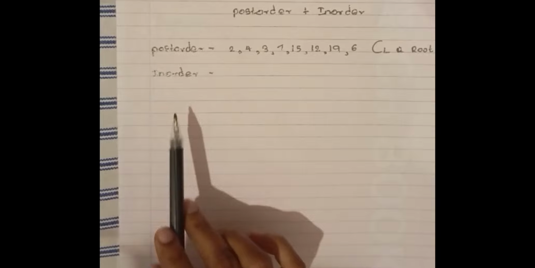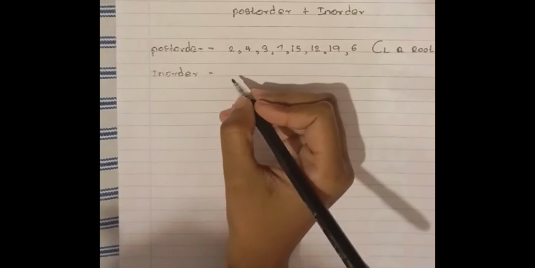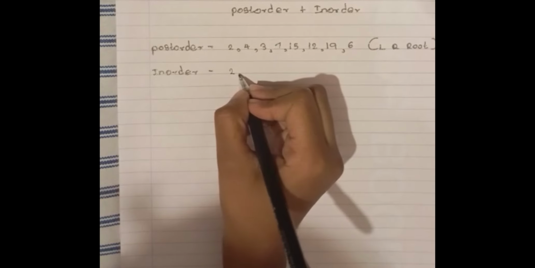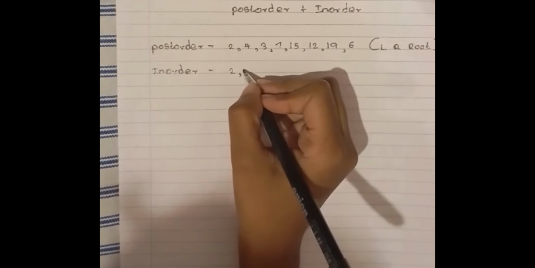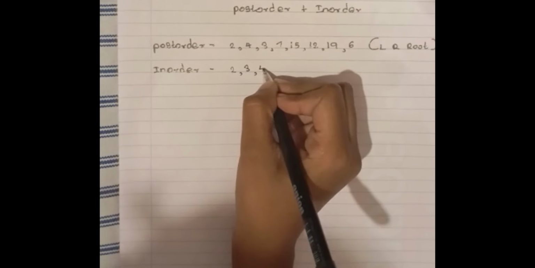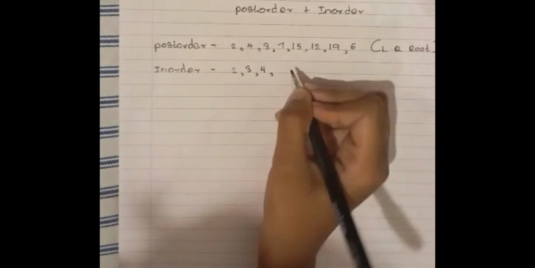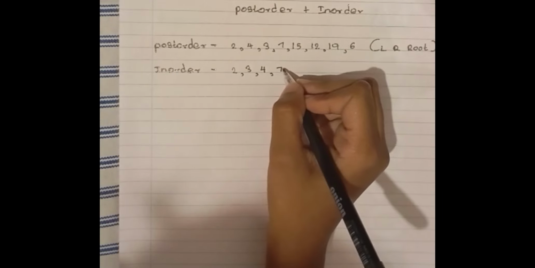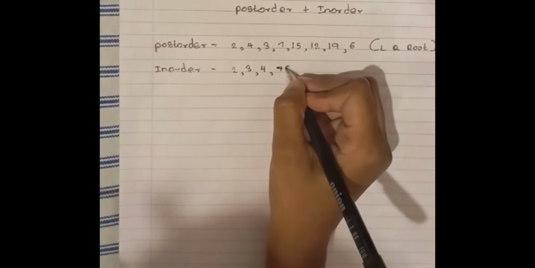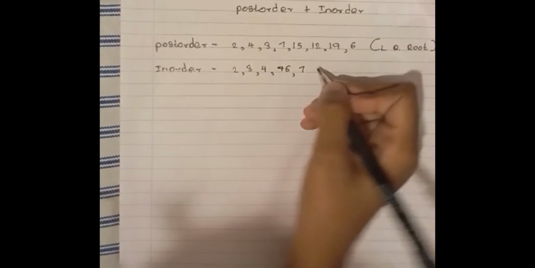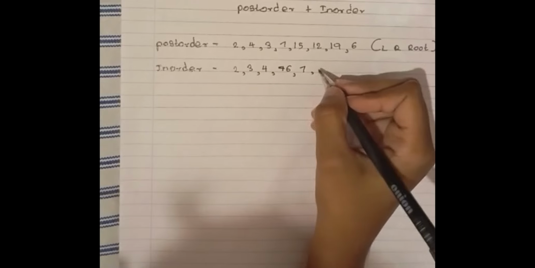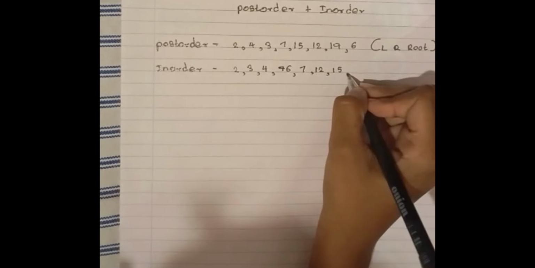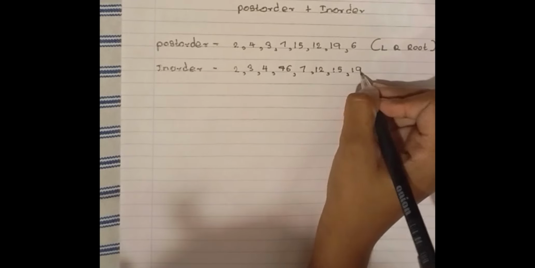As for Inorder, we should write this in ascending order: 2, 3, 4, 6, 7, 12, 15, 19.